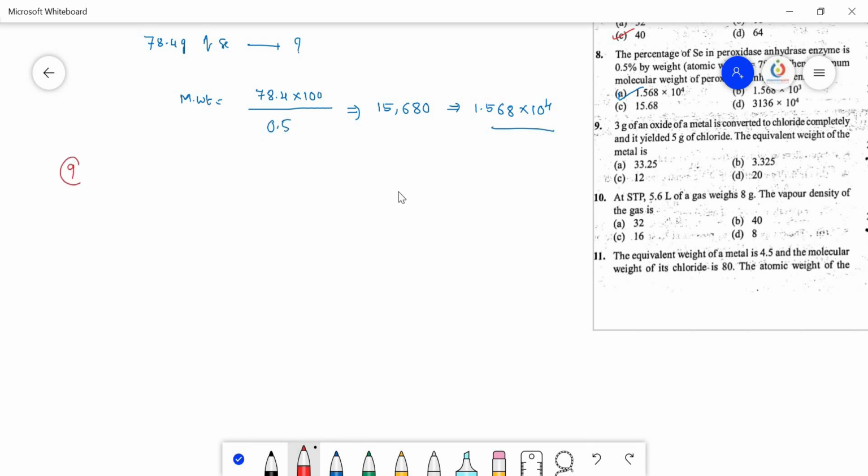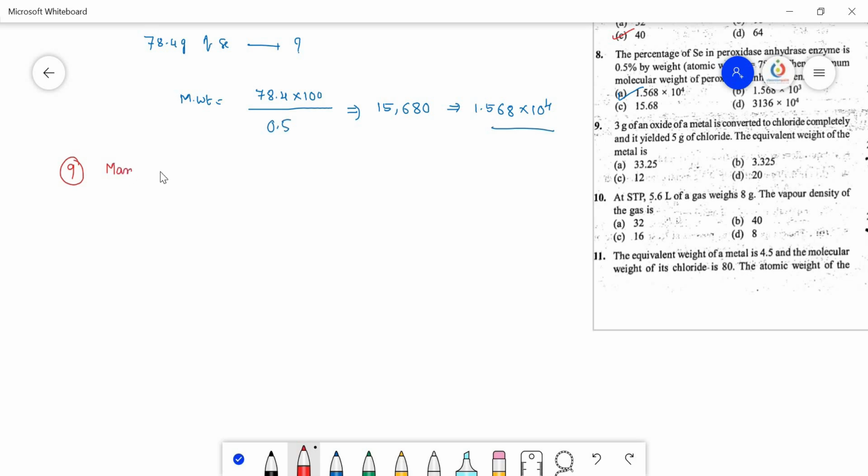Next, question number 9. 3 grams of an oxide of metal is converted to chloride completely and it yielded 5 grams of chloride. The equivalent weight of the metal is. So let us write down the given data first.